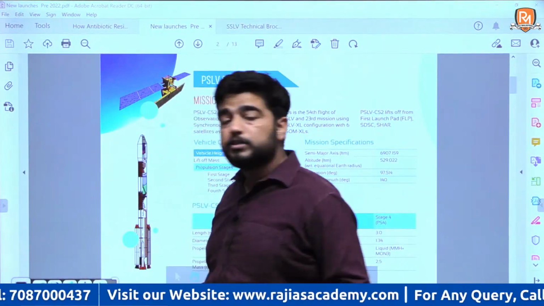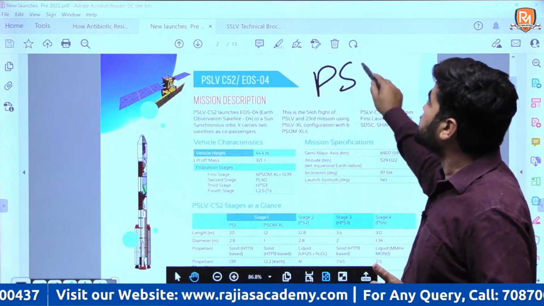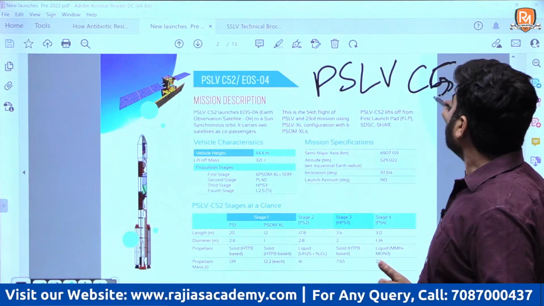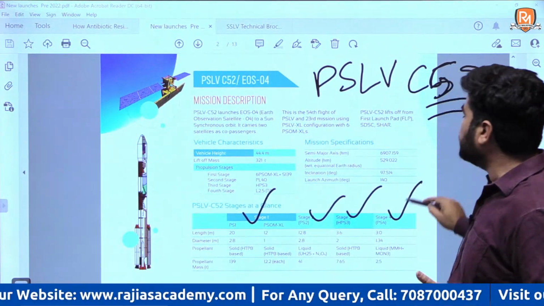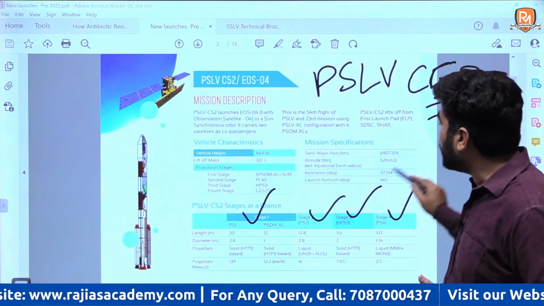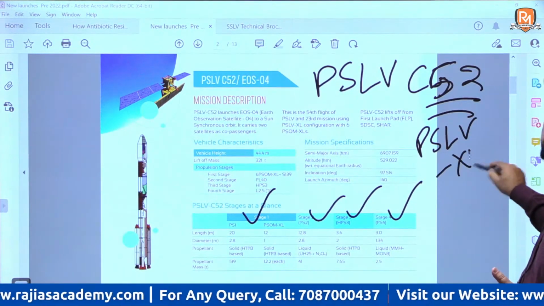You should know about the vehicle configuration. This was launched by PSLV C52. It is a 4-stage engine. PSLV has 4 stages of engine, and this variant was the PSLV XL variant.